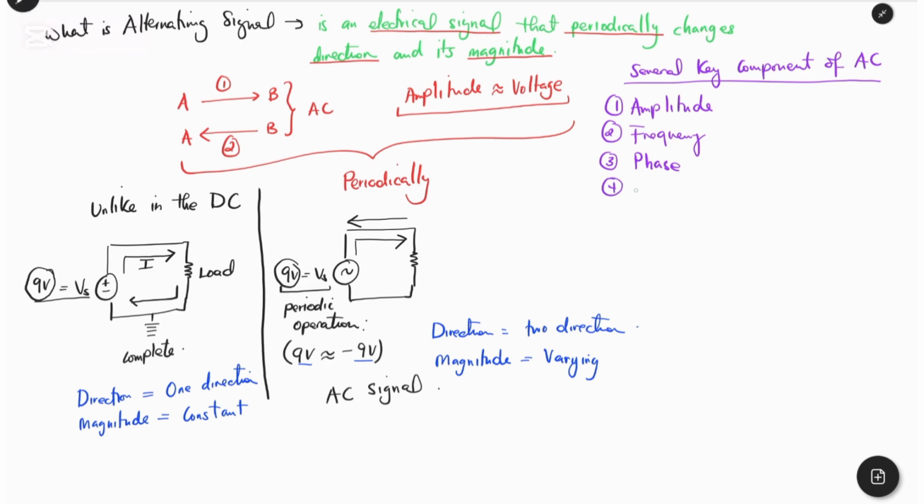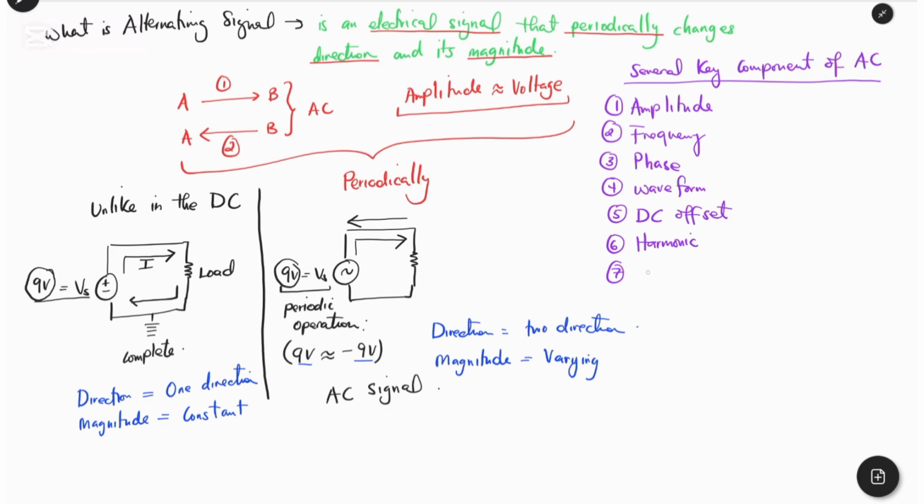And four is the waveform. Five is the DC offset. Six is the harmonics of the AC signal.